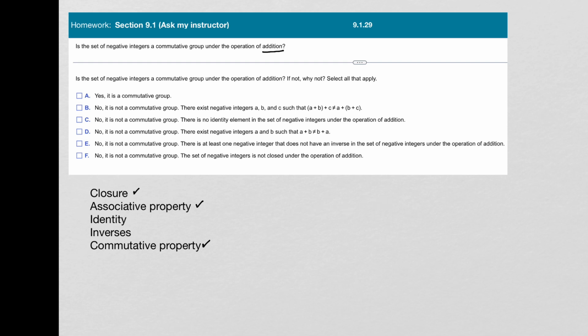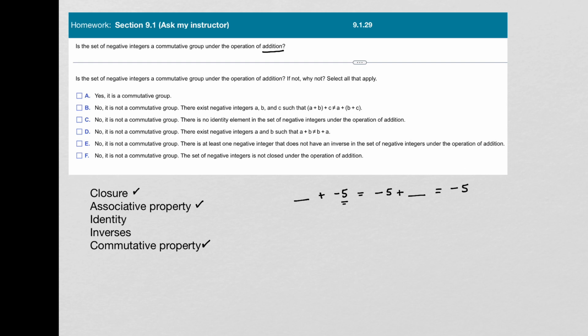So let's take a look at an identity element. An identity element is a value that if I take that number plus any negative integer, because that's the set we're working with, so I'll say -5, I should get the same result as if I take -5 plus that element, and the answer should be -5.